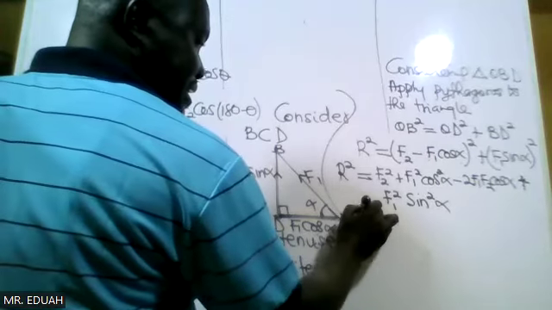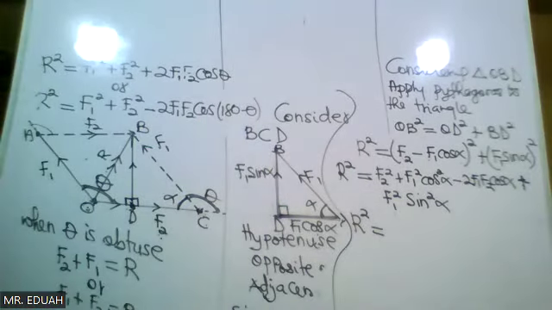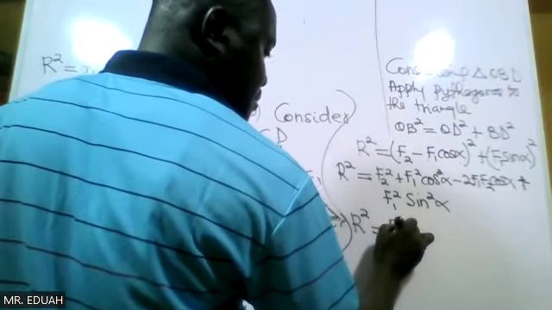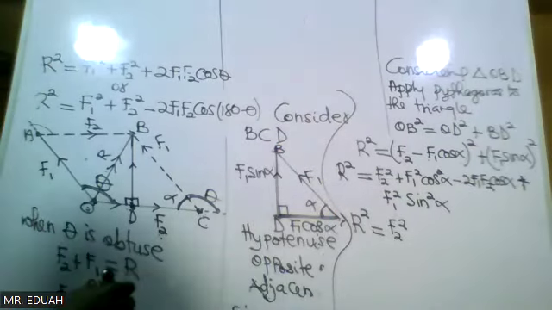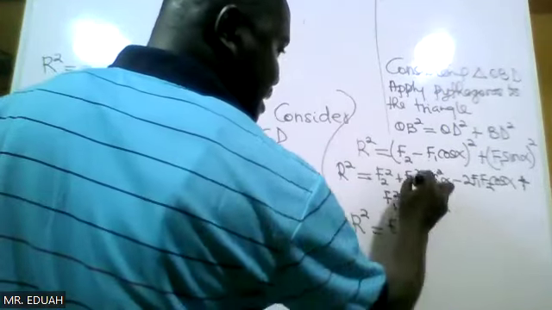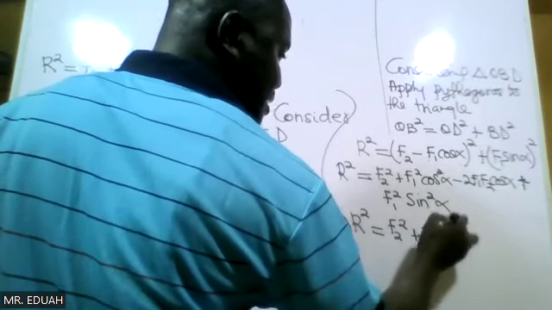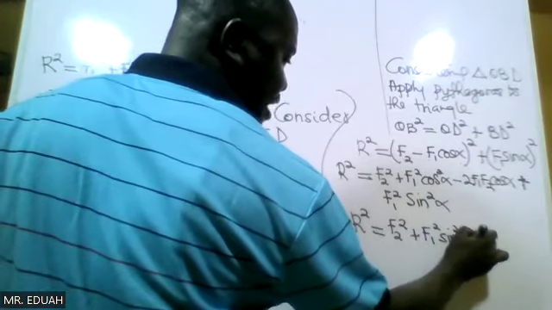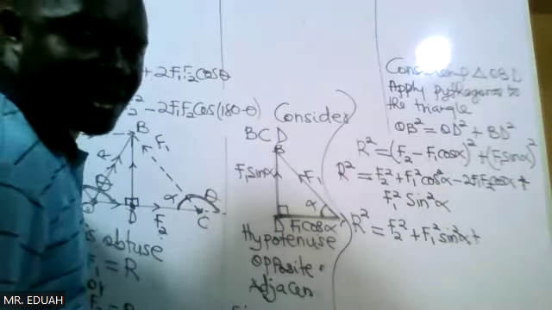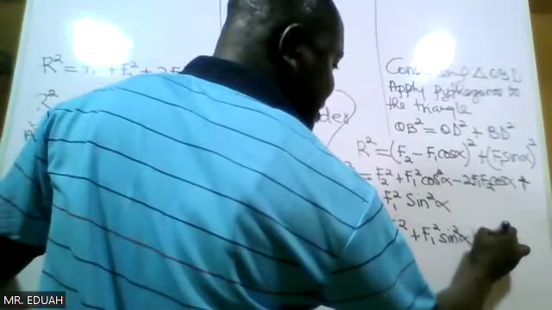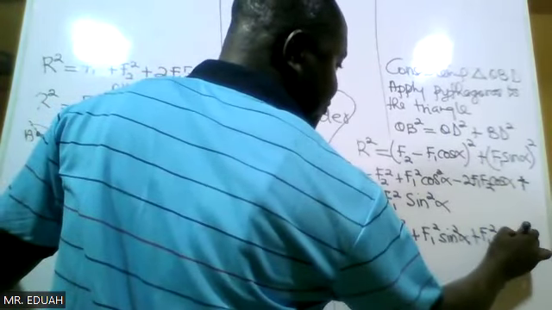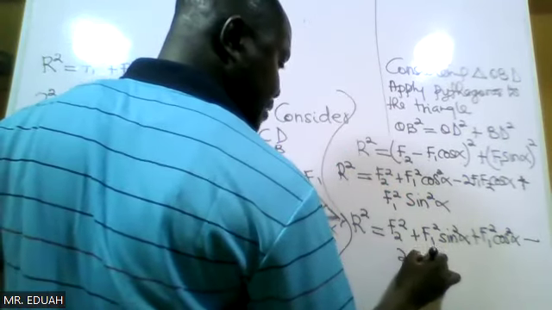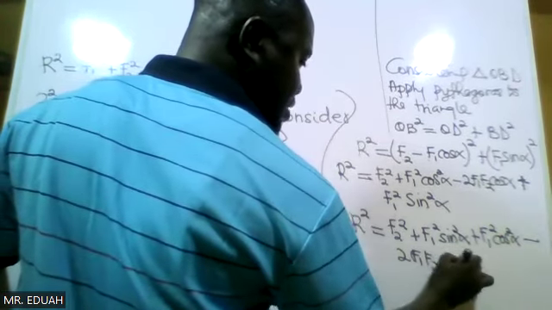So we have R squared. Now group like terms. This is F2 squared. Then we have plus F1 squared sine squared alpha plus another F1 squared cos squared alpha minus, this is what is left, 2F1 F2 cos alpha.